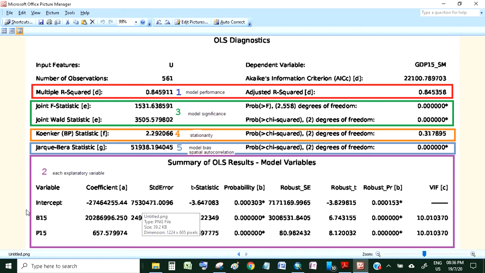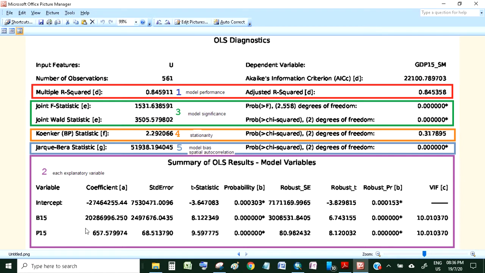Please listen carefully here. What does 657 mean? What will this coefficient tell you? It will tell you that if one person is added, it will give you 657 USD.